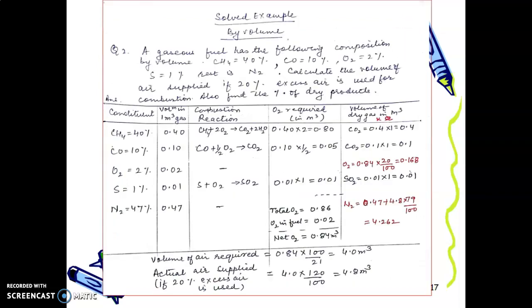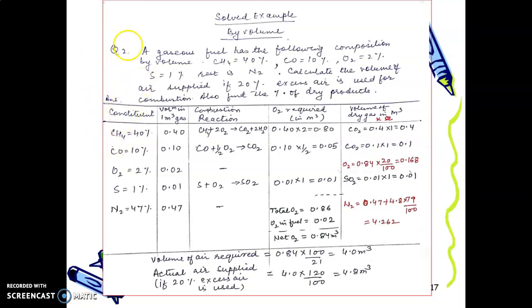Now, if we talk about composition by volume, the gaseous fuel contains CH4 40%, carbon monoxide 10, oxygen 2, sulfur 1 and nitrogen. The constituents may vary in different problems; it may be a different value.